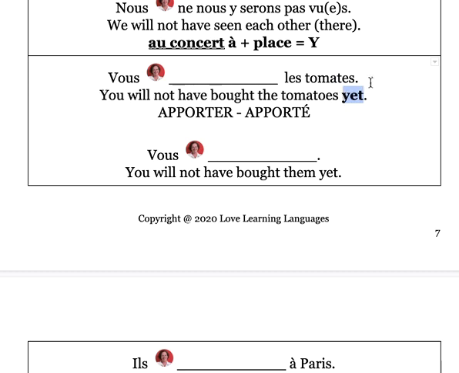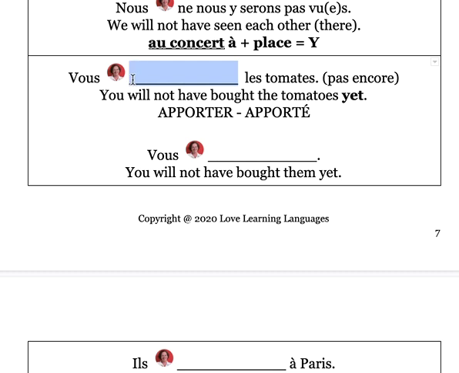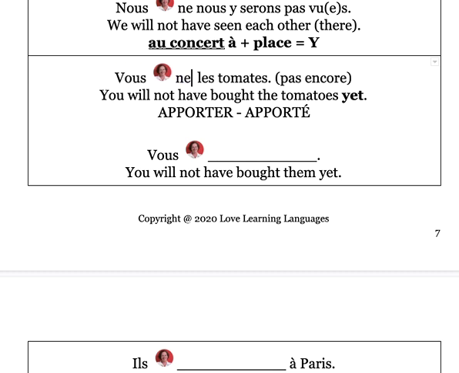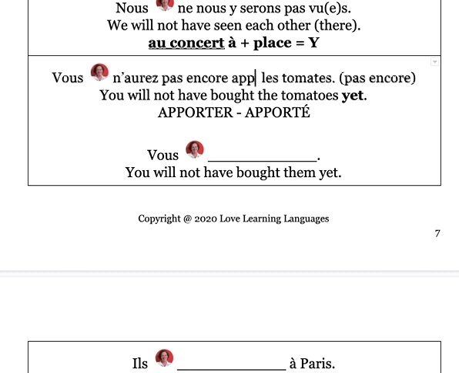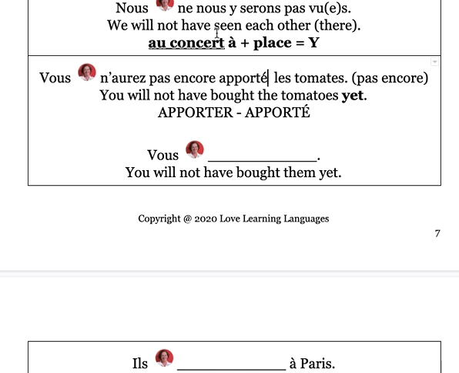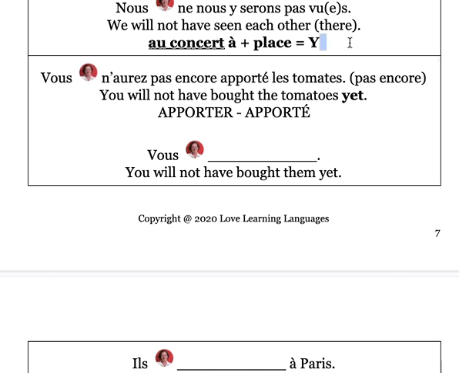So that negation is going to be pas encore. Okay, let's not forget that. Donc, vous, pardon me, I'm not using the pronoun yet. Vous n'aurez pas encore apporté les tomates.